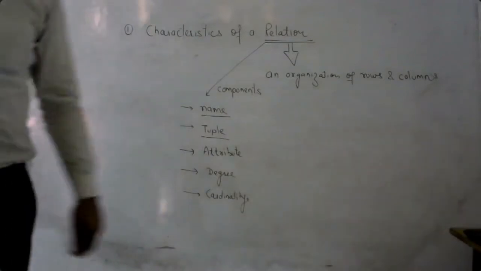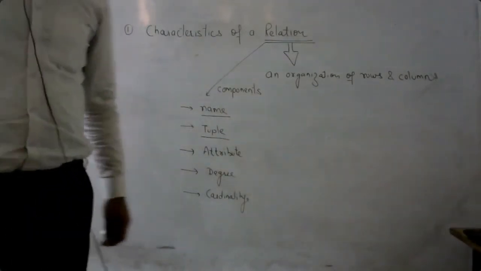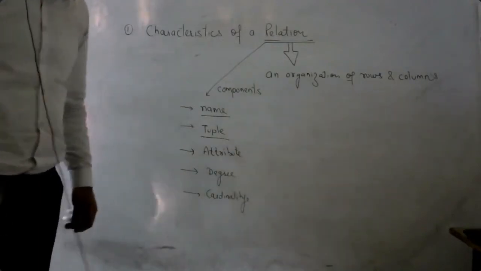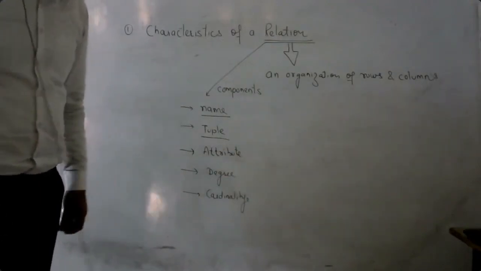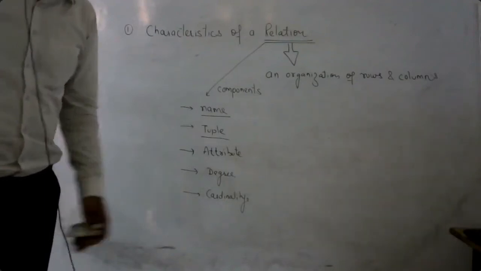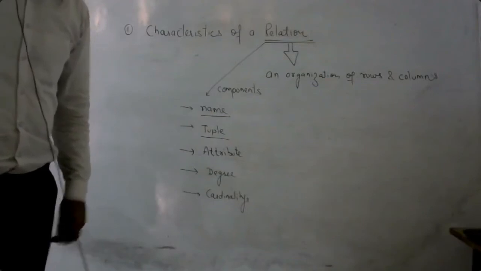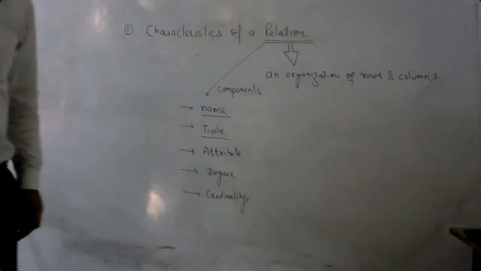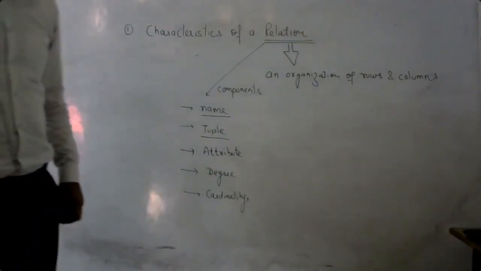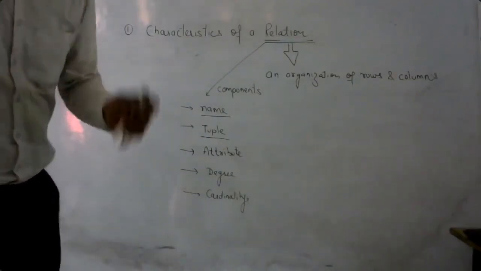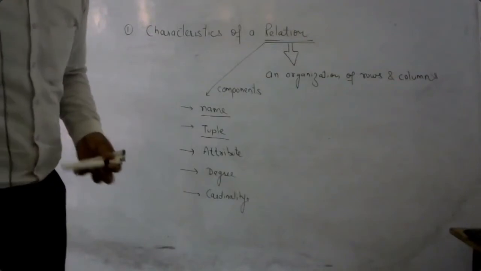Suppose you are in a class. Can there be two students with the same name? I think there will be no student with the exact same name. And if more than one student has the same name, we add some extra word to differentiate the names of the students.